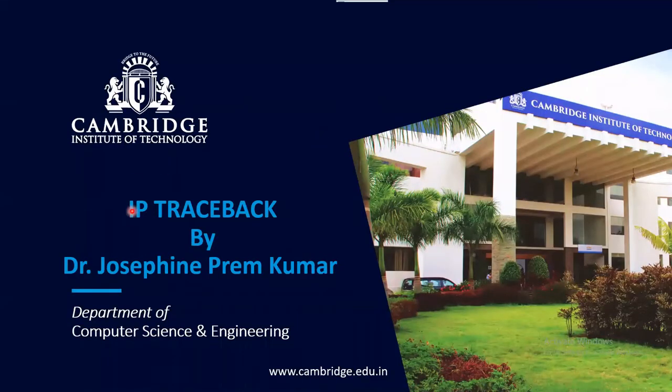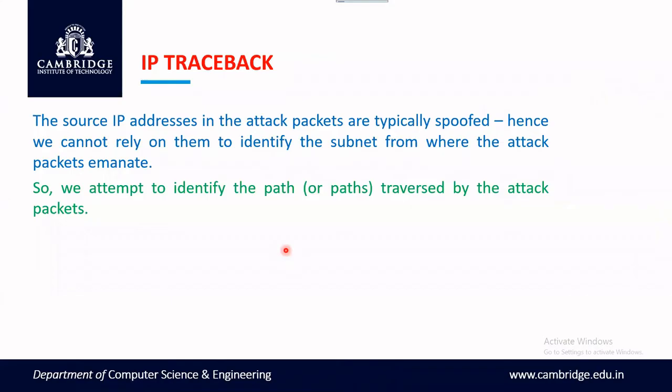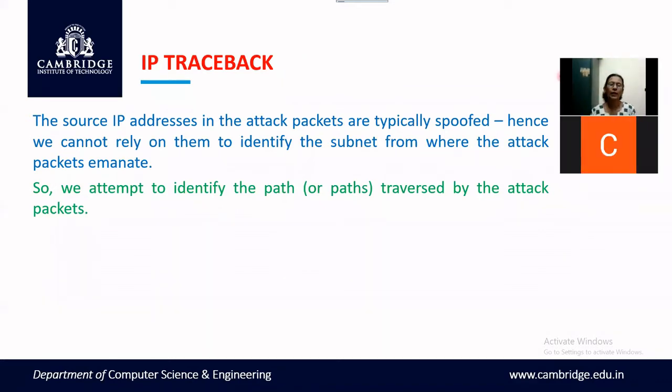Next, we see IP traceback. From the given place, we try to trace back the different IPs through which this particular packet has traveled. Whenever there is a DoS attack or any attack, the attacker is not going to send his actual IP address as the source address.